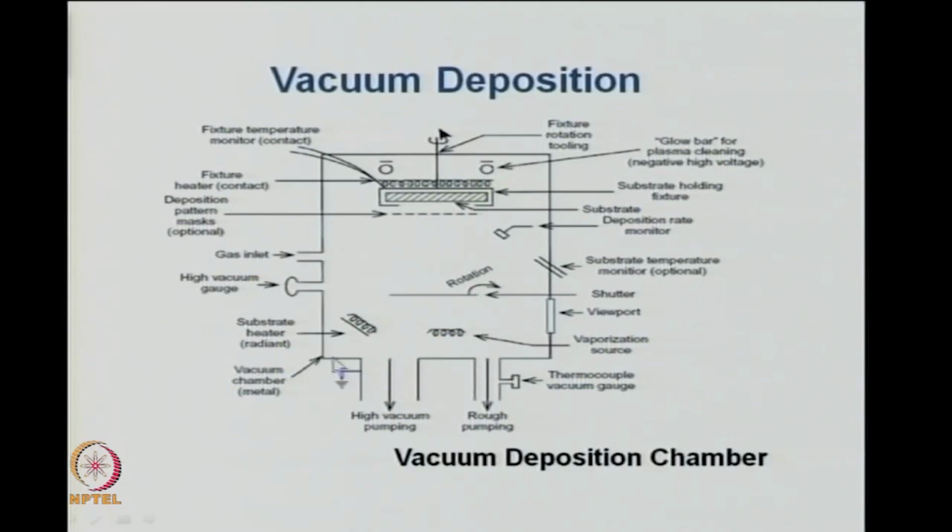So, this is more or less a schematic diagram which shows you the evaporation source, the substrate heaters, the fixture heater, the viewport, the shutter, and then you have the high vacuum gauges, the gas inlet and the thermocouples, etc., which are all connected to this methodology of depositing a film using a PVD technique, which is based on evaporation, or it is also called vacuum deposition.